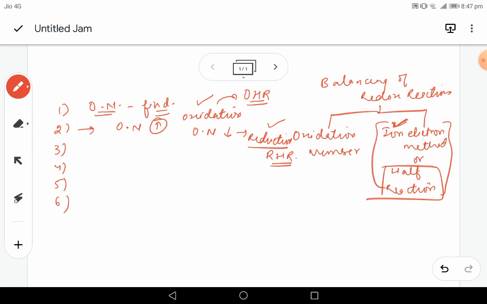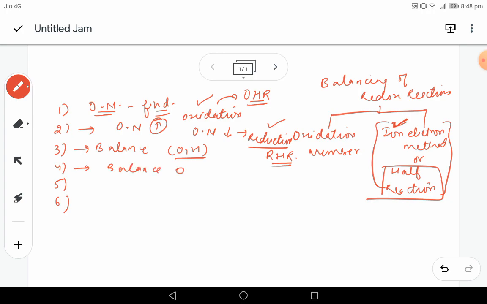Once we are done, we balance all the atoms except oxygen and hydrogen. We are not going to balance oxygen and hydrogen yet. Other than these, we balance everything. Once we have balanced all the other atoms, we balance oxygen.